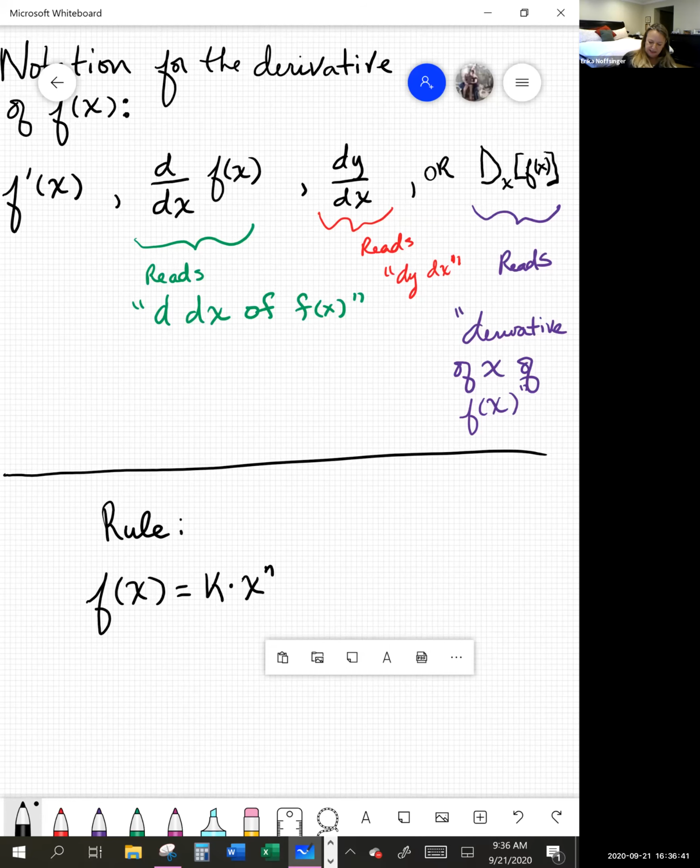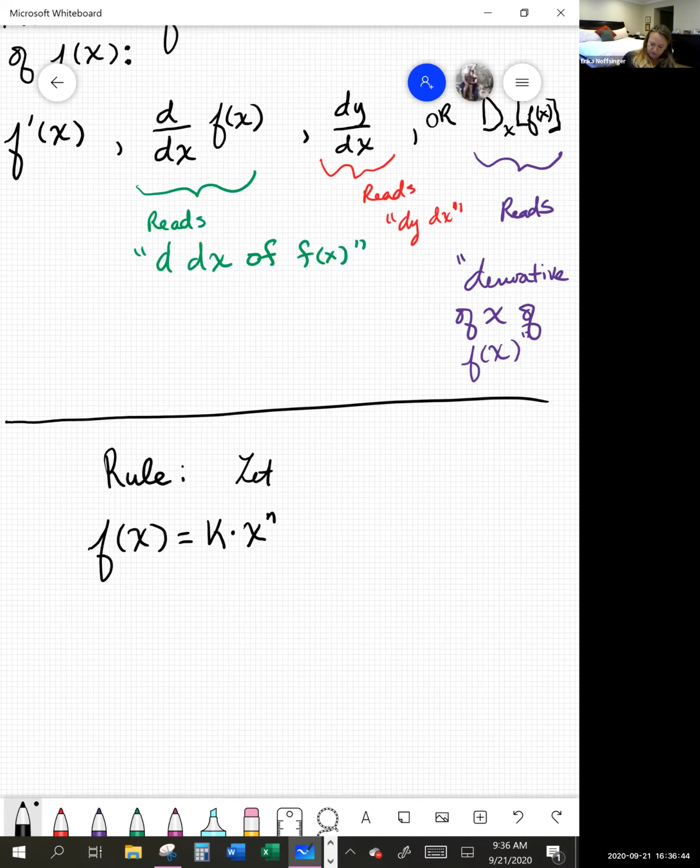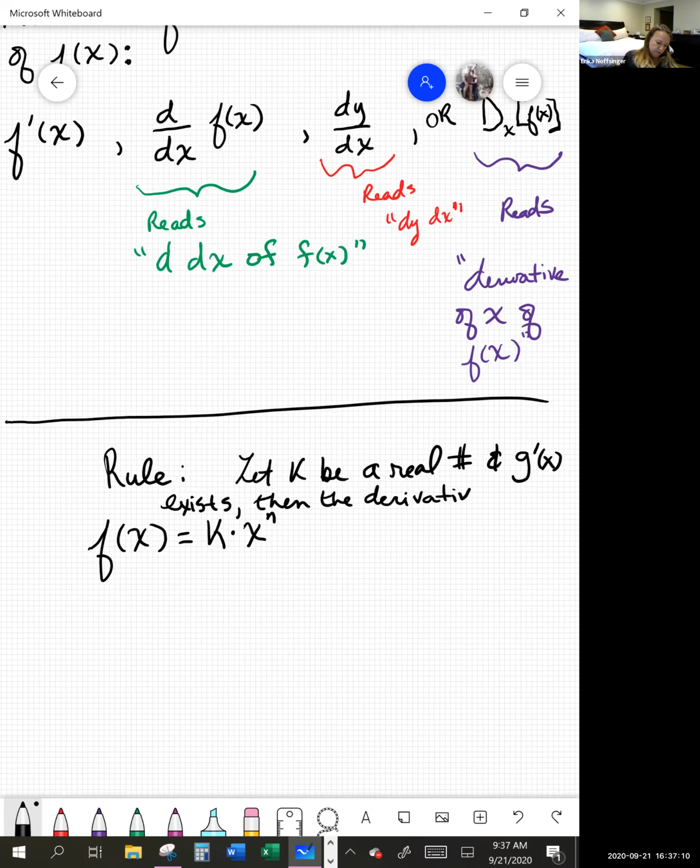If g prime of x exists, k be a real number, and g prime exists, then the derivative of f of x equals k times g of x is the following.